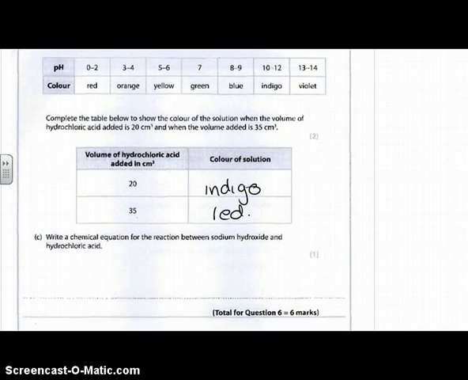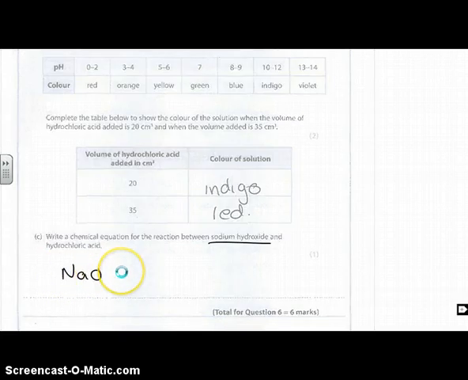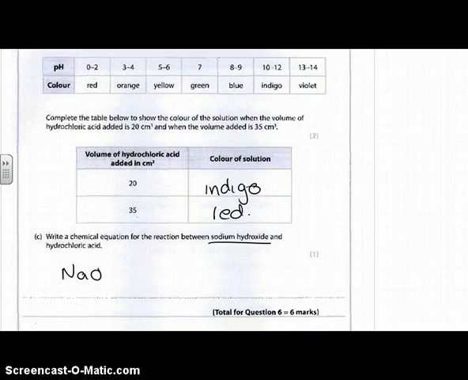The next question is, write a chemical equation for the reaction between sodium hydroxide and hydrochloric acid. Sodium hydroxide is NaOH. Hydrochloric acid is HCl, so they're going to give you sodium chloride, NaCl, and water.